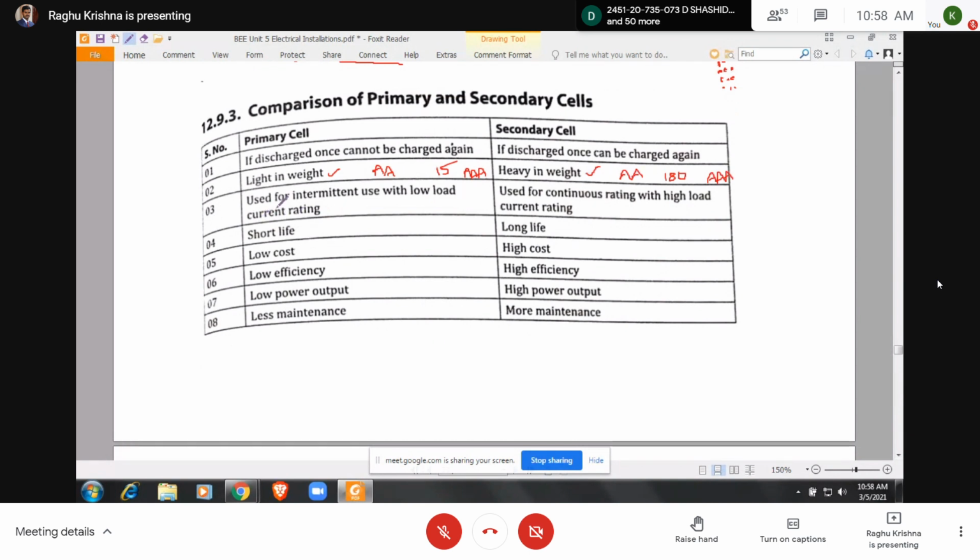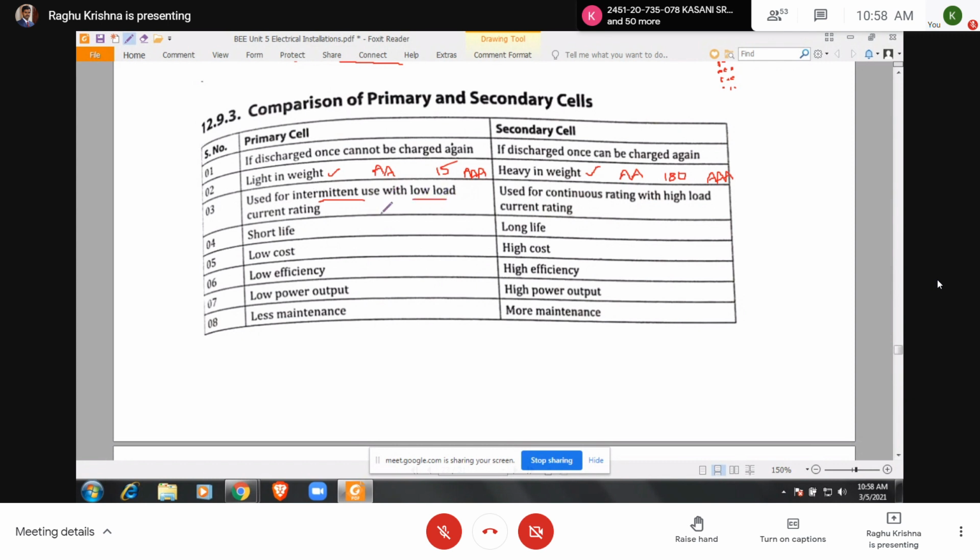Next, primary cells are used for intermittent use with low load current rating. If you use them intermittently, the performance will be better. Secondary cells are used for continuous use with high load current rating.